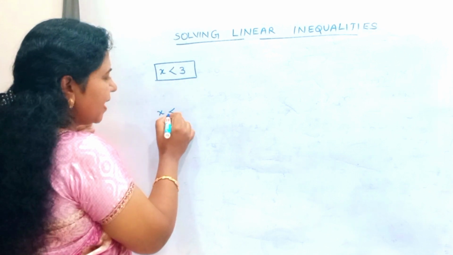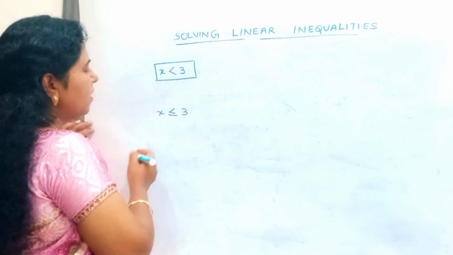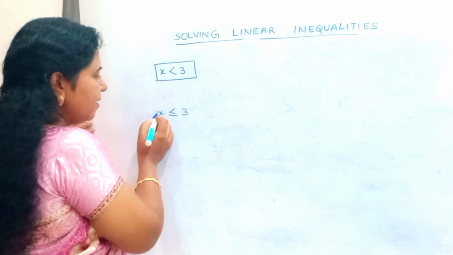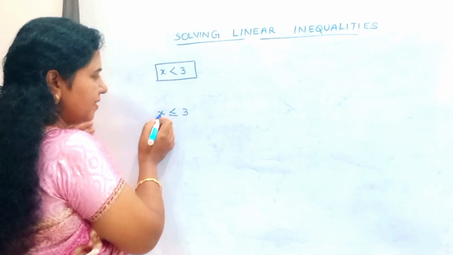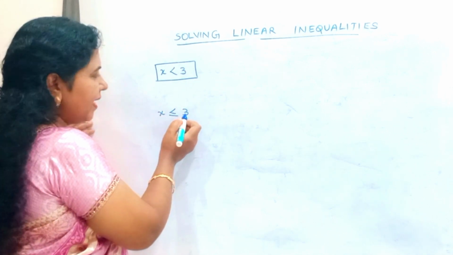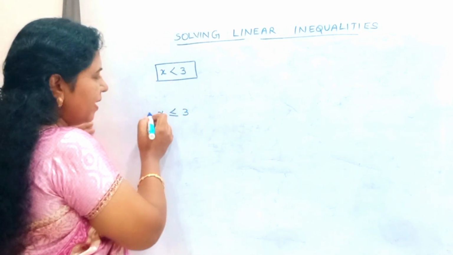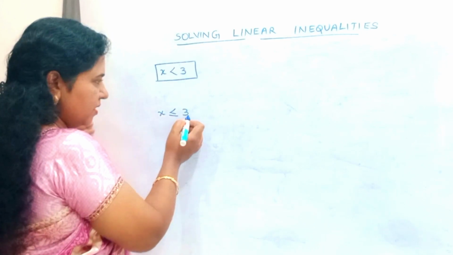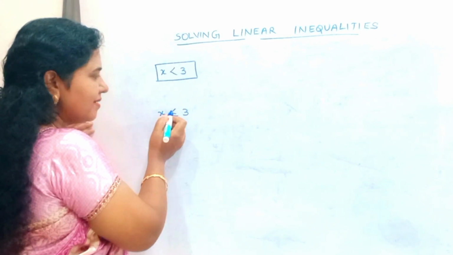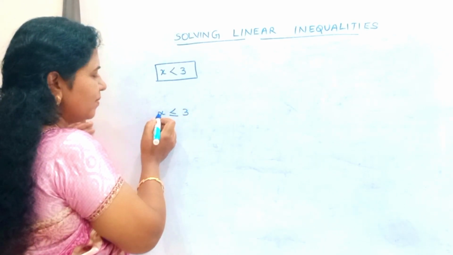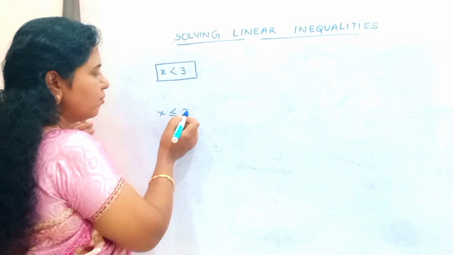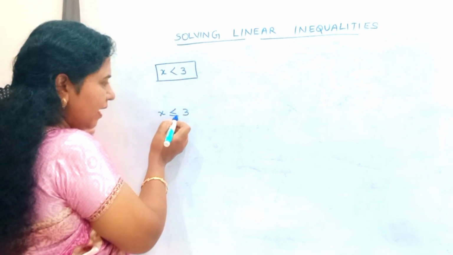x is less than or equal to 3. So in this case, we are having x on the left hand side, 3 on the right hand side, and we are having a less than or equal to symbol. So here there are two sections. The first one is x is less than 3 and the next one is x is equal to 3. Less than or equal to.